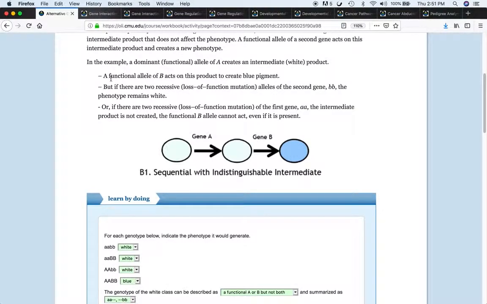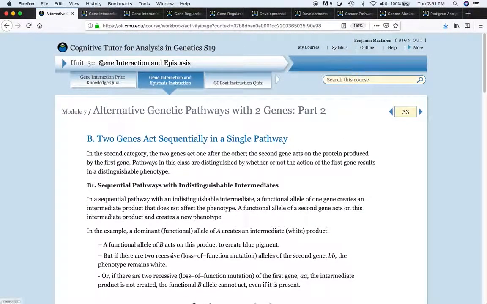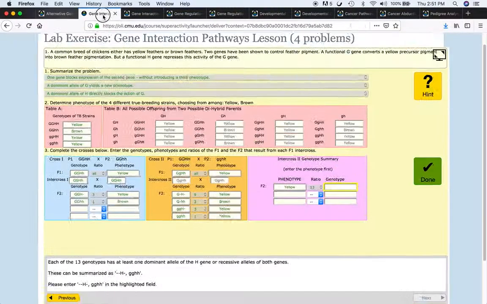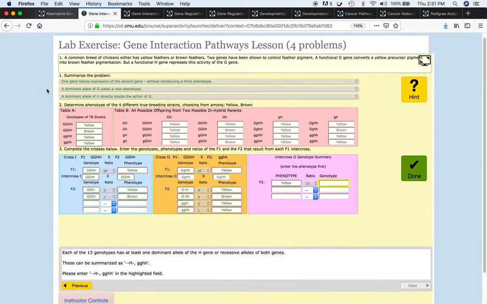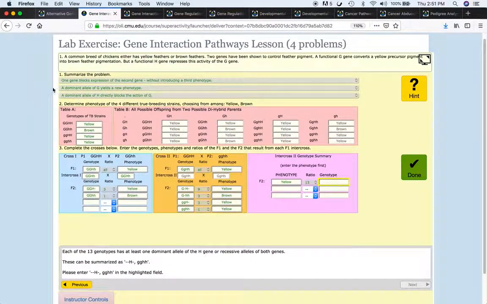After they read the declarative instruction, they will come to the cognitive tutor. So let's take a look at what some of these lessons look like. Here is an example of a cognitive tutor lesson. This is gene interaction pathways, the forward modeling, the prediction.